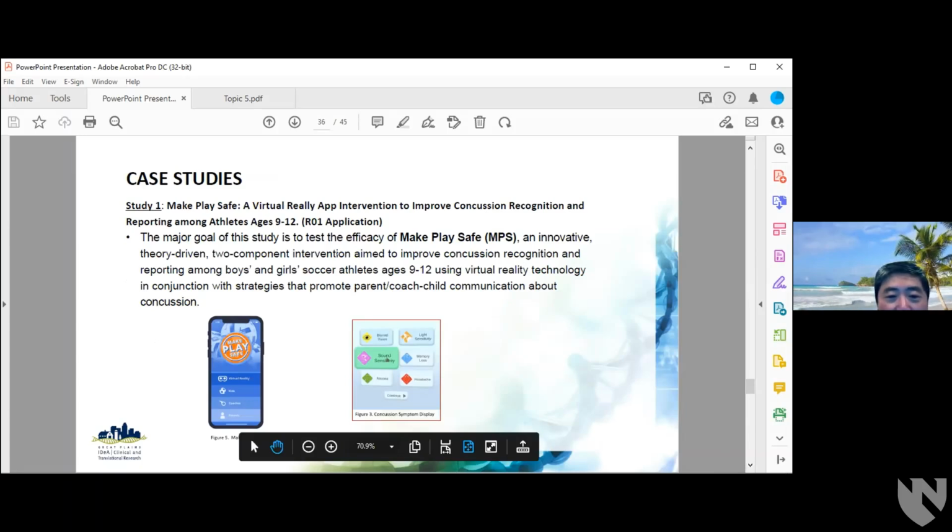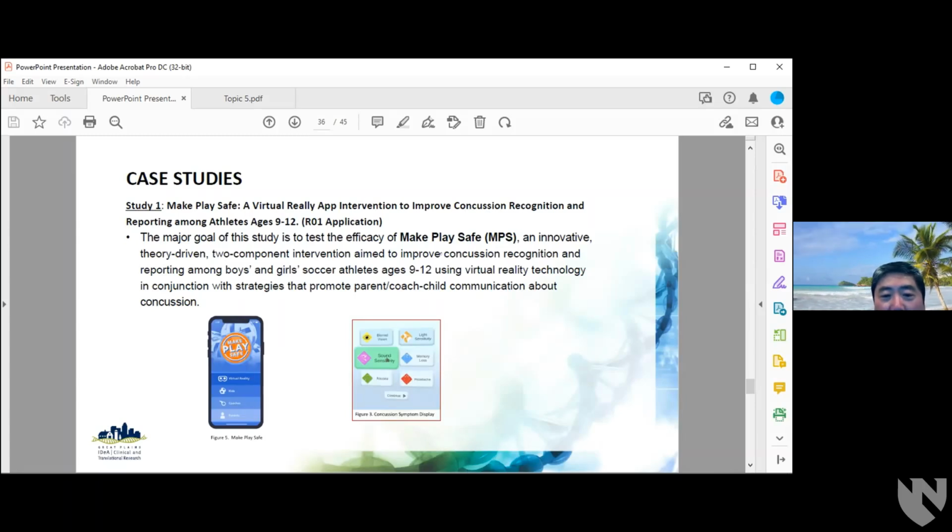The goal of this study is to test the efficacy of Make Play Safe, MPS. This is an innovative, theory-driven, two-component intervention aimed to improve concussion recognition and reporting among boys, youth soccer players, aged 9 to 12.